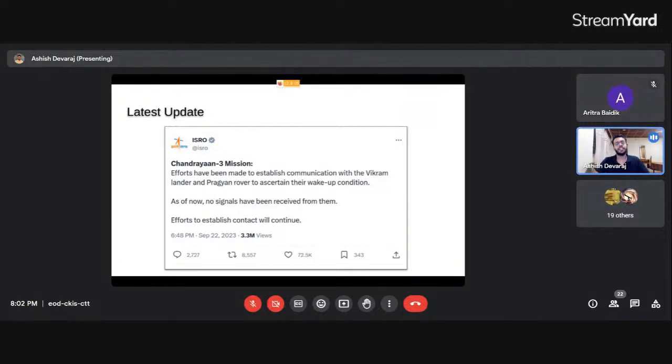For it to survive, we need to give additional heating mechanisms and keep the instruments warm enough so that during the next observation you can bring back the instruments. But unfortunately we did not have any such arrangements in Chandrayaan 3, so we were limited to observing for only one lunar day, that is 14 Earth days.